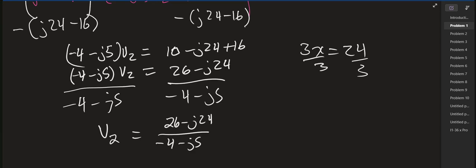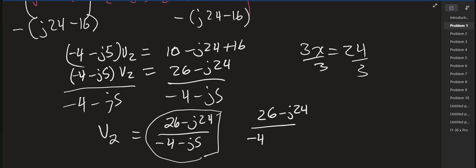Once you start using your calculator, you'll just do this operation on your calculator and get your answer. But you can't leave it like this, and if you have to show all your work, this is not okay. You can't have an imaginary number in the denominator.